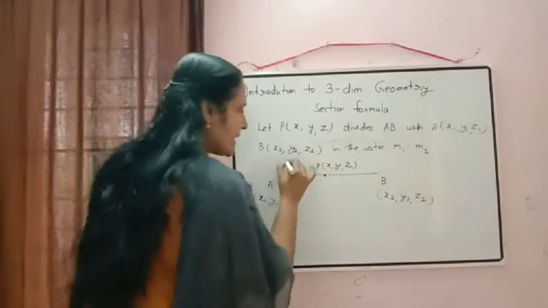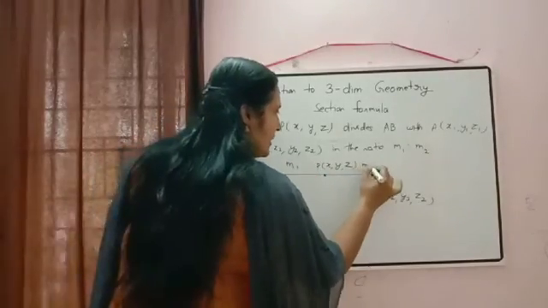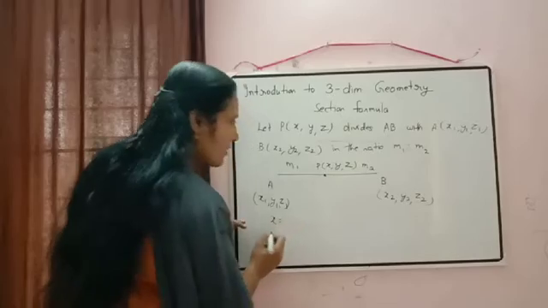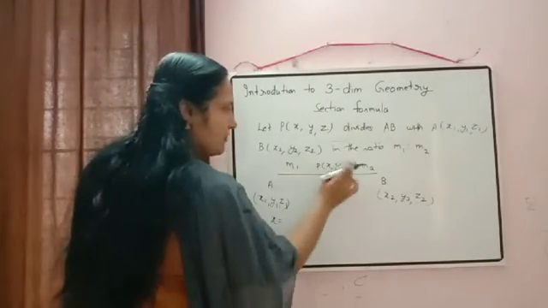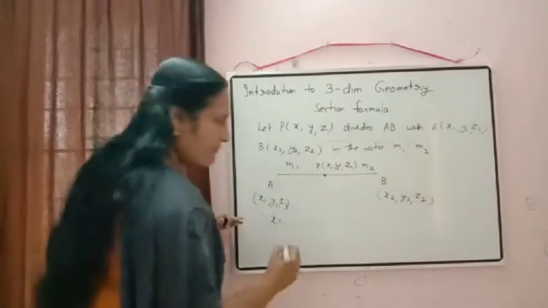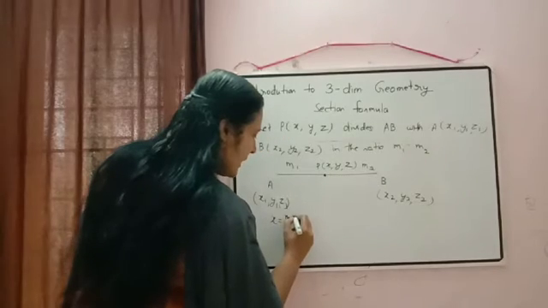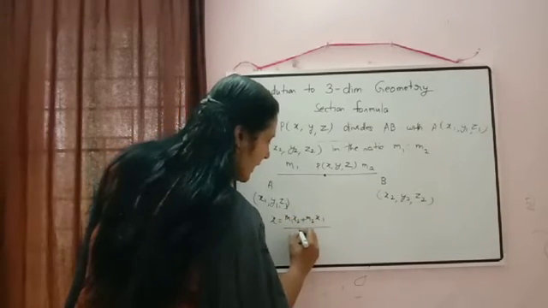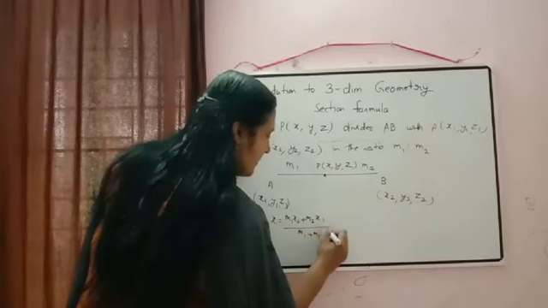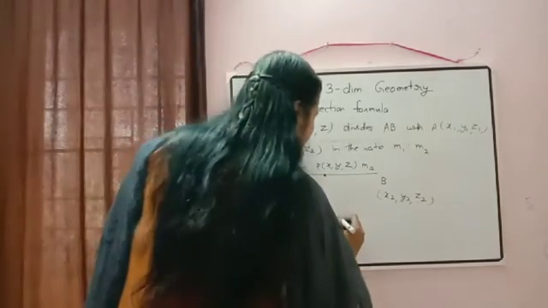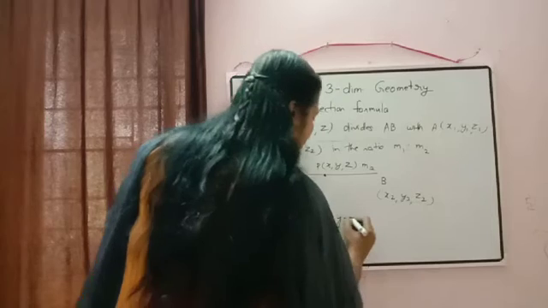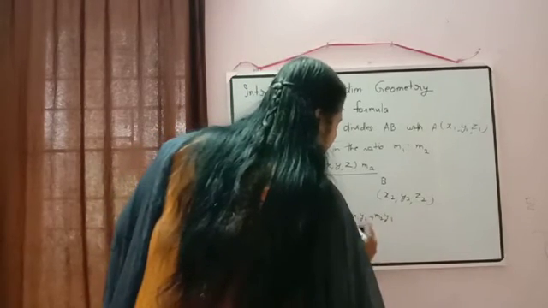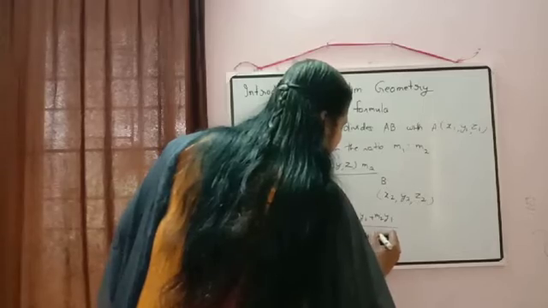If P divides AB in the ratio m1 is to m2, then the x coordinate is m1 x2 plus m2 x1 by m1 plus m2. The y coordinate is m1 y2 plus m2 y1 by m1 plus m2.